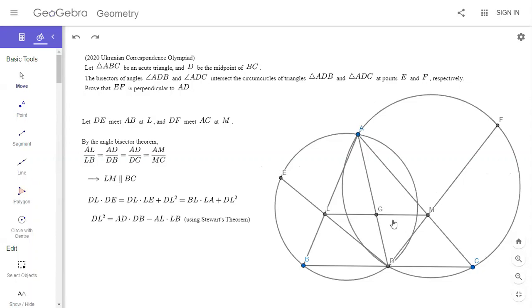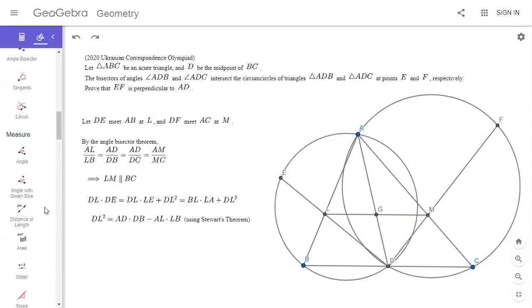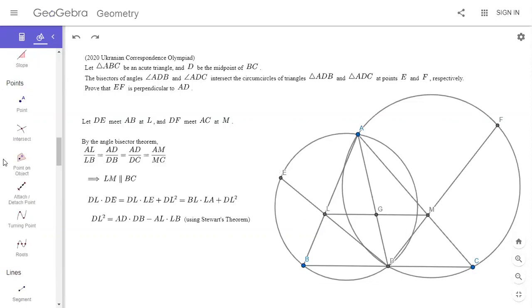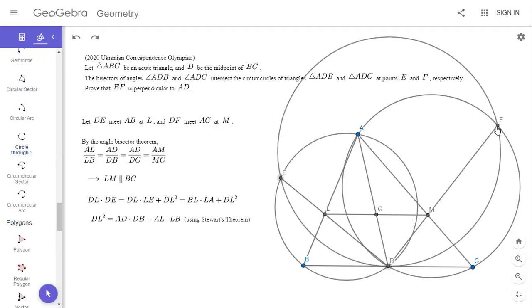So we want to show ELMF is cyclic. I think that's equivalent to showing BC is tangent to the circumcircle of EDC. Let's see.